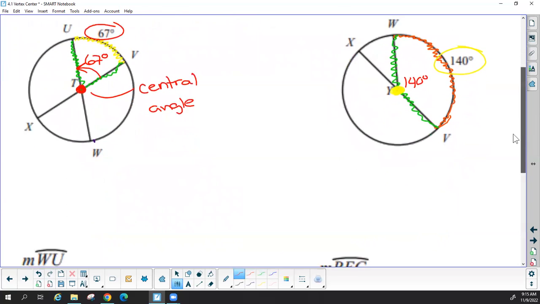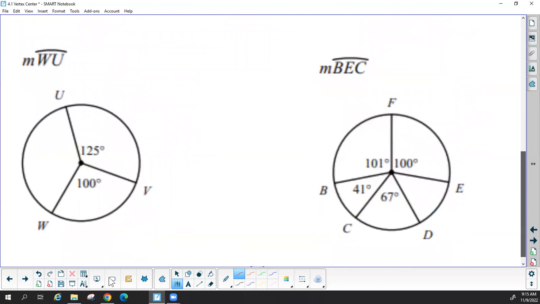So we can use this information to now do some more complicated problems, or problems that take a couple steps. So I want to know the measure of WU. That's going to be a minor arc between W and U, less than 180. So our answer should be less than 180 degrees. We can use the information we have.